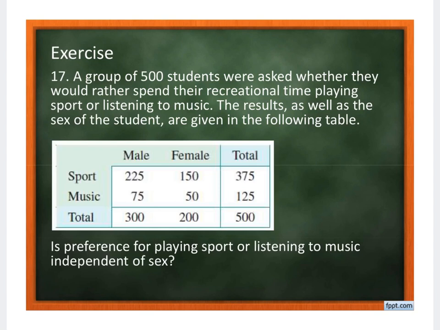Okay, the first is male intersect with sport, equal to 225 over the total of 500 people, which means 0.45.